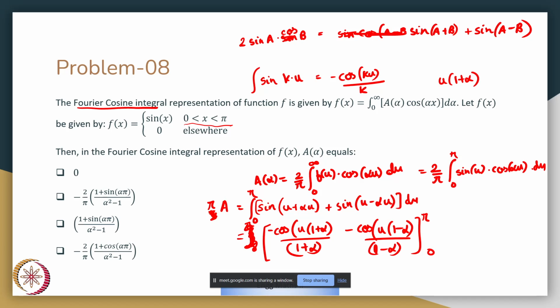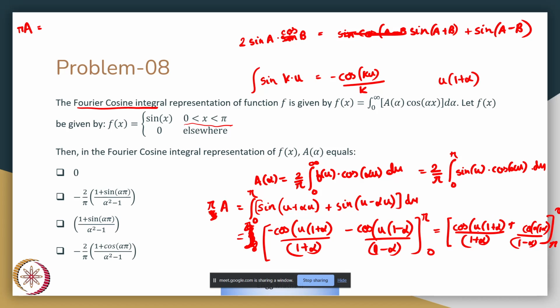Okay, I'll just continue this here. So I have got pi times A equaling, since both of these terms are negative, we can actually flip this whole thing around in terms of the limits of integration. So I'll take the negative sign and flip the limits of integration from pi to 0.